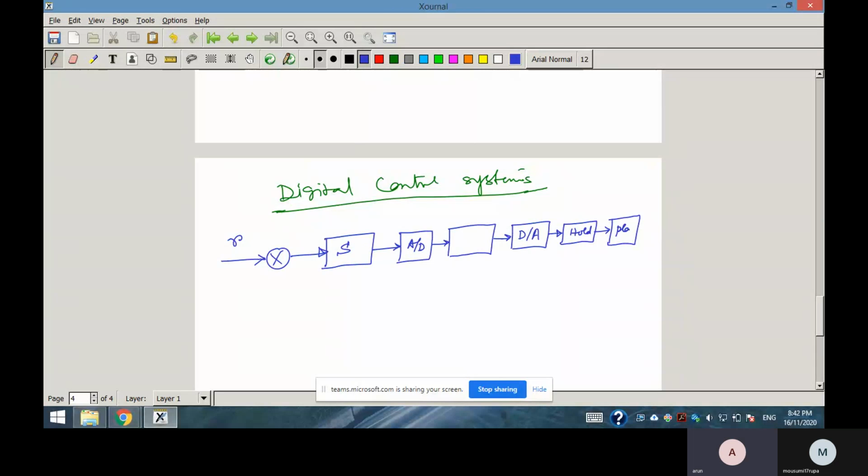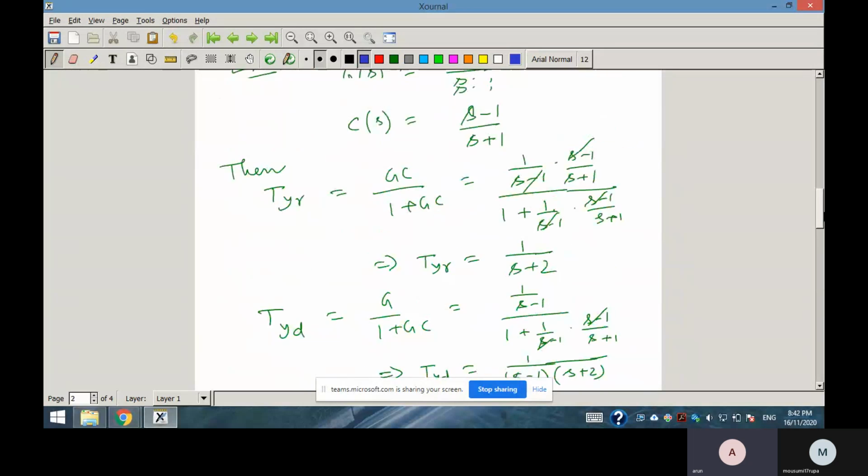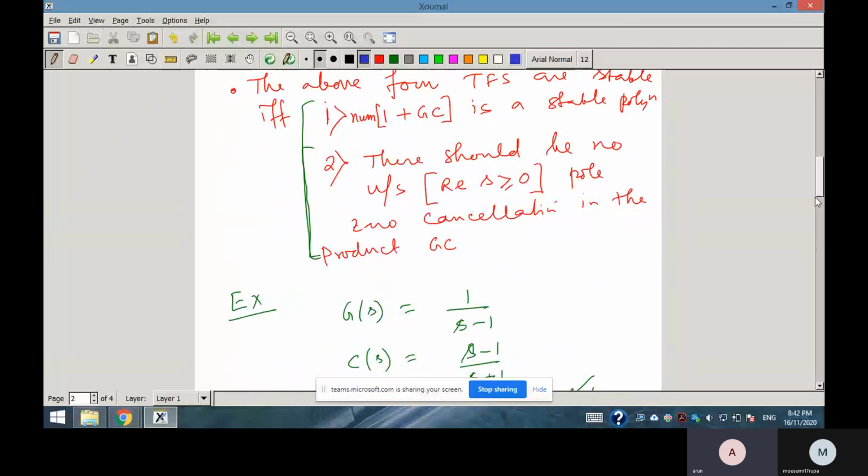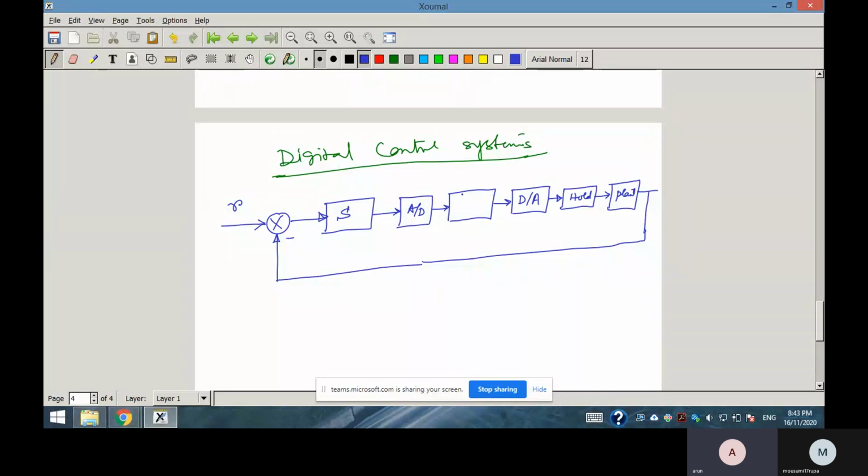Then it is coming back. Here I should write negative feedback. So this is your digital controller, and this is the tracking error.